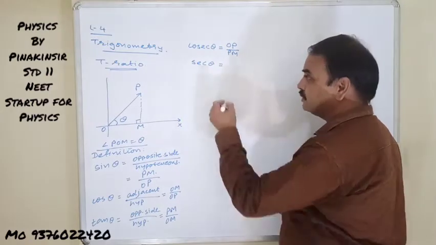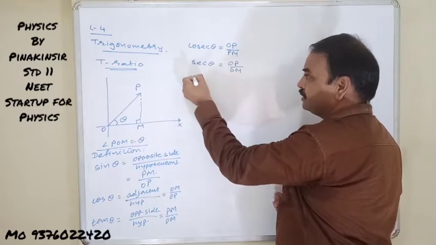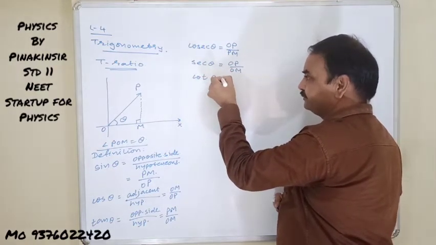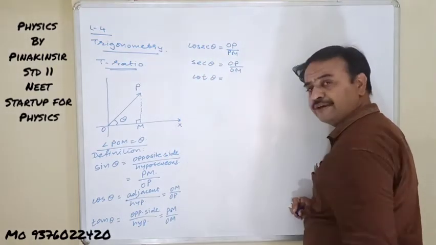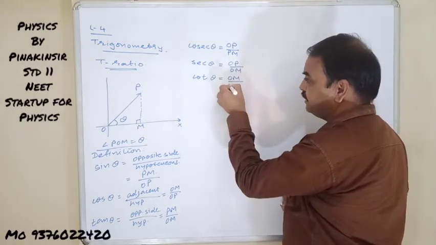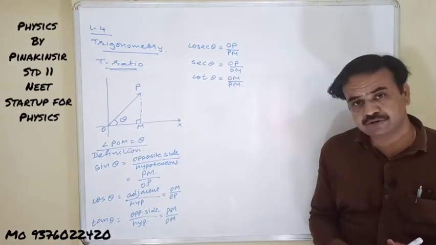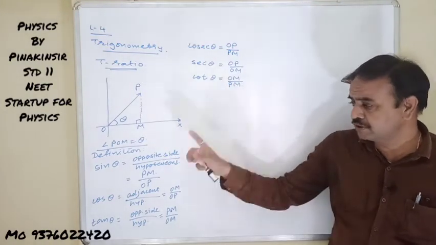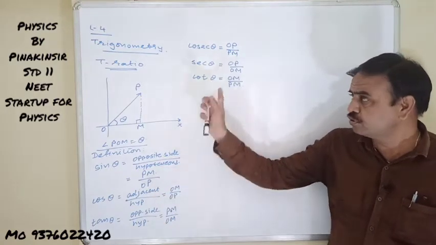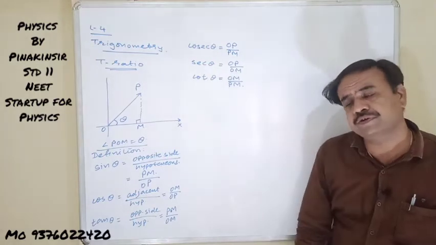For given figure, it is OP by OM. And again cot theta is inverse of tan theta, given by OM by PM. It is clear by definition that sine and cosec are inverse of each other, cos and sec are inverse of each other, as well tan and cot are inverse of each other.